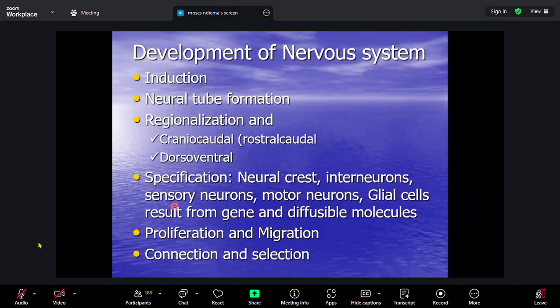We have differentiation of cells. In the differentiation of cells, the first cells that develop are radial glial cells, neurons. These neurons develop first, then you have the radial glial cells which develop. The radial glial cells then make sure that the neurons are the first ones to develop.